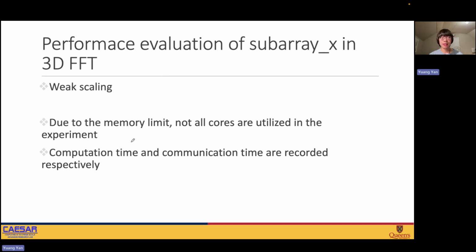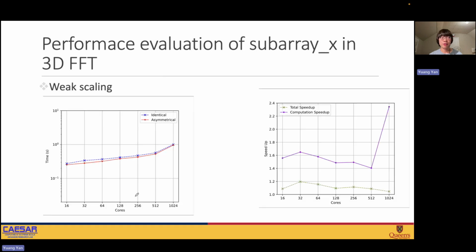And for the weak scaling, we have two different sets. The first one starts from a 16 cores node to 1024 cores. On the left is the time consumption comparison, and on the right, once again, the computation speed up and total speed up.